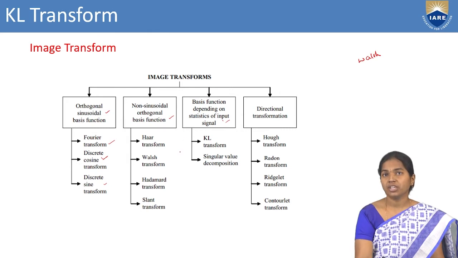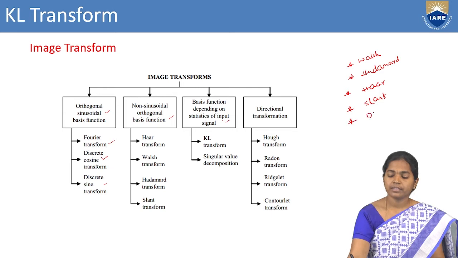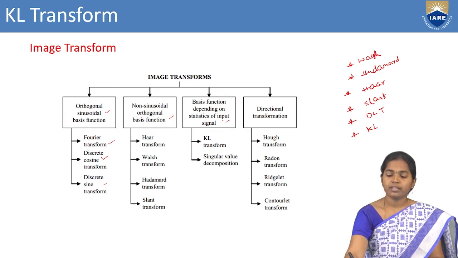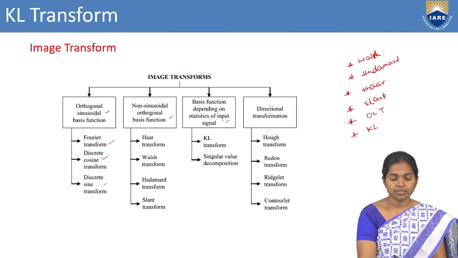In image transforms, the first one is the Walsh transform, the second is the Hadamard transform, the third is the Haar transform, the fourth is the slant transform, and the last one is the KL transform.